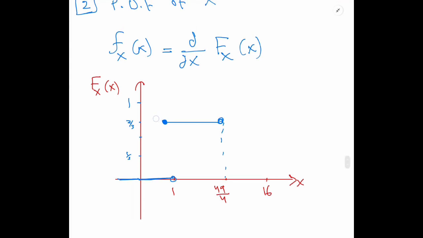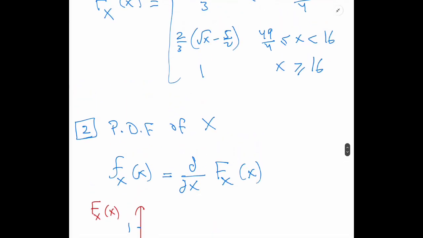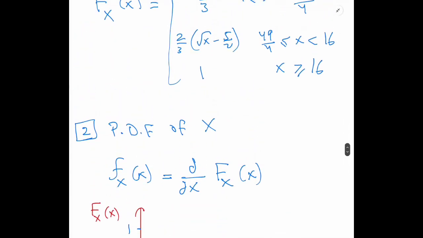And then from 49/4 to 16, we have a square root function. As you can see, if you evaluate this function at 49/4, it is equal to 2/3 times root 49/4, which is 7/2, minus 5/2, and that gives me 2/3 times 2/2, which is equal to 2/3.